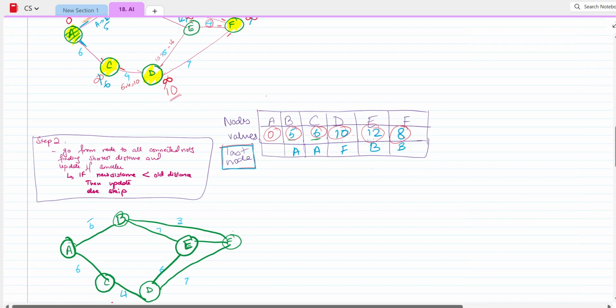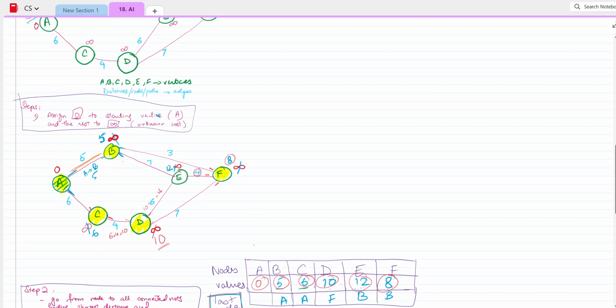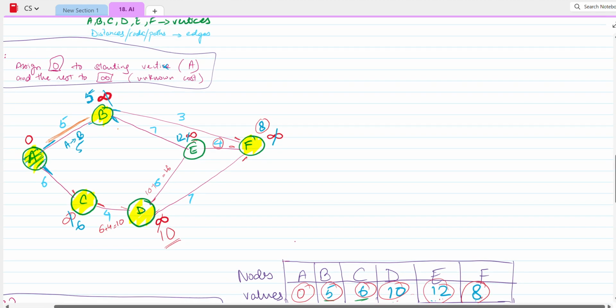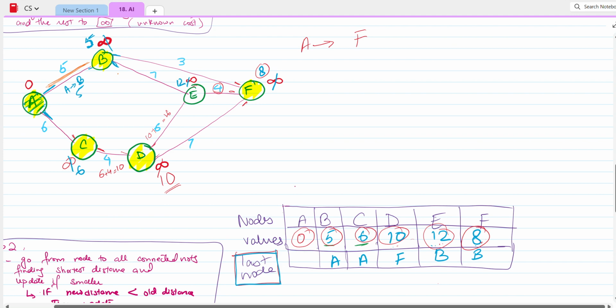Now this is when you need to find the shortest path to all the nodes. What if you need to find the path from A to F? Which one is the smallest path? Now when we were calculating it, we kept track of the last node.